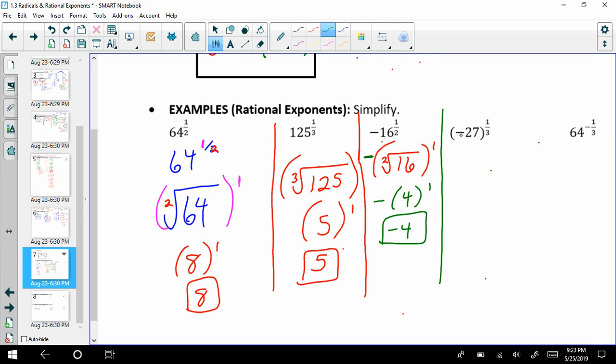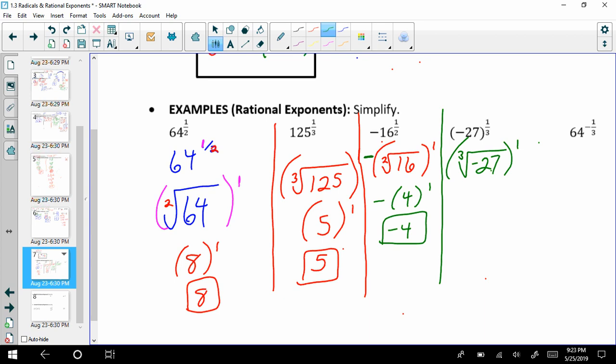Now notice this time the -27 is all in parentheses and the whole thing is raised to the 1/3. So when I rewrite it in radical form, the negative will be under with the 27. Before it was on the outside because there were no parentheses. It's going to be a cube root because the bottom number was a 3, and then it will be raised to the first.